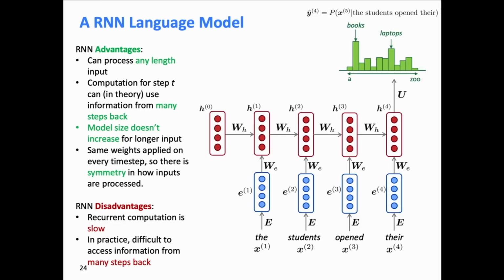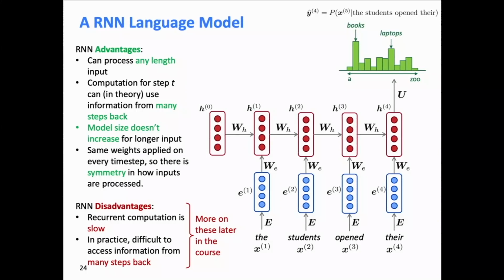Another disadvantage of RNNs is that, in practice, it's quite difficult to access information from many steps back. Even though I said we should be able to remember the proctor and the clock and use that to predict exams, not books, it turns out that RNNs, at least the ones I've presented in this lecture, are not as good at that as you would think. We're going to learn more about both of these disadvantages later in the course, and we're going to learn how you can try to fix them.